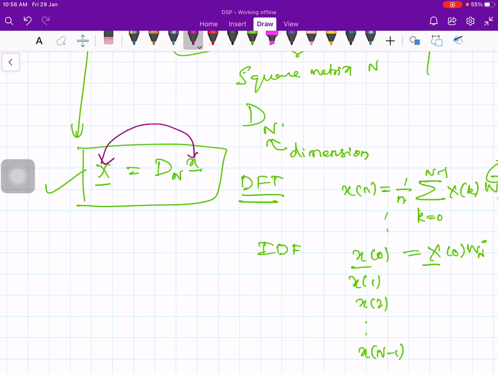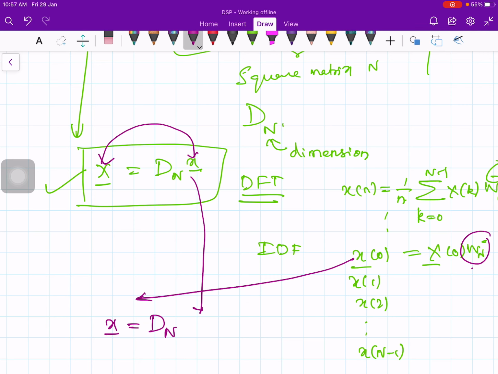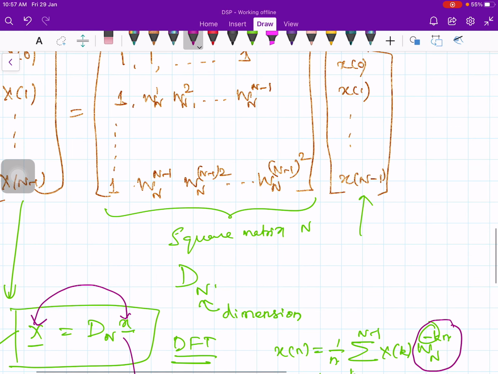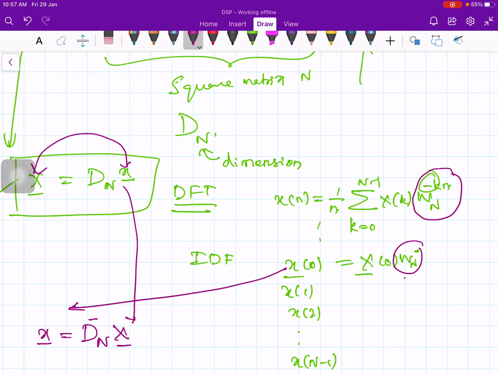So in the left hand side, instead of capital X I have small x bar. Again the same Dn, because everywhere this Wn is multiplied in the same fashion. So Dn, and instead of the small x, let me put a capital X bar. But if you look at the formula, here I have a minus symbol. So this is nothing but the inverse of this square matrix. Therefore I put inverse here.